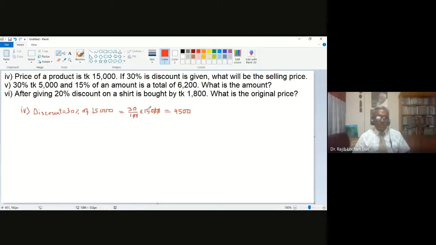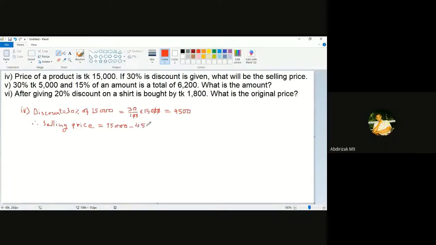So the selling price will be 15,000 minus 4,500.